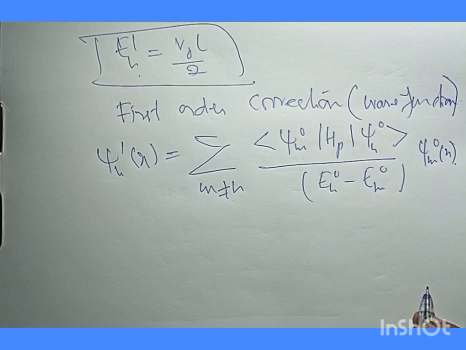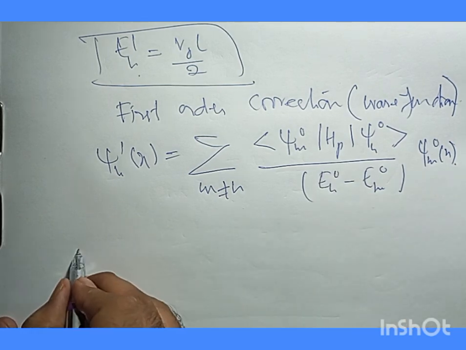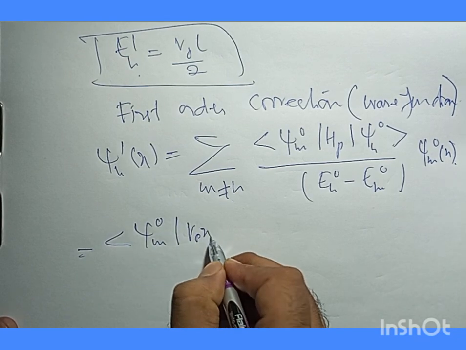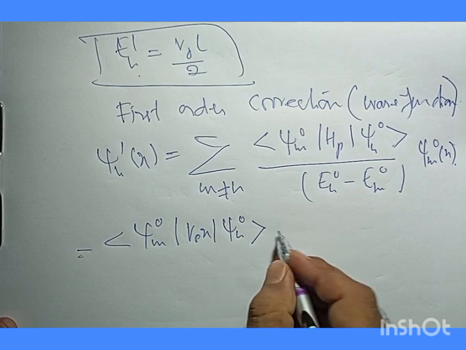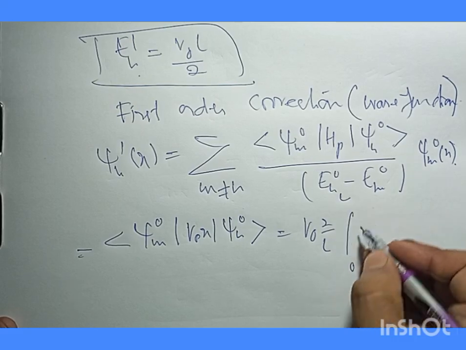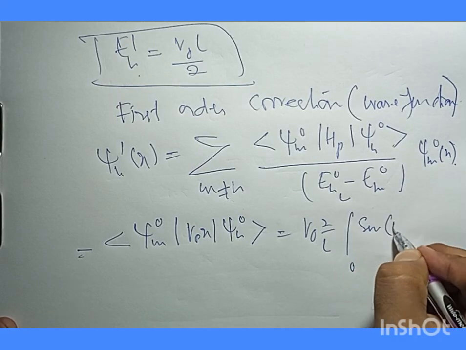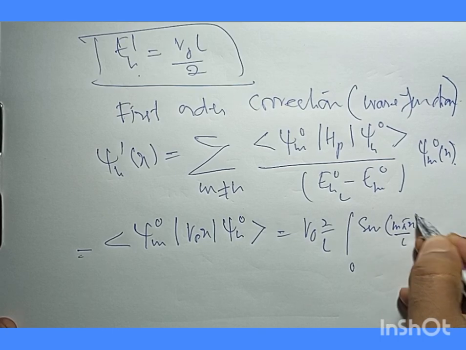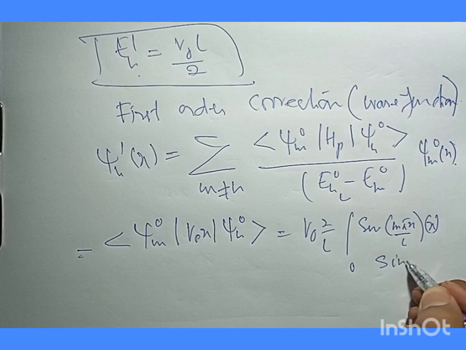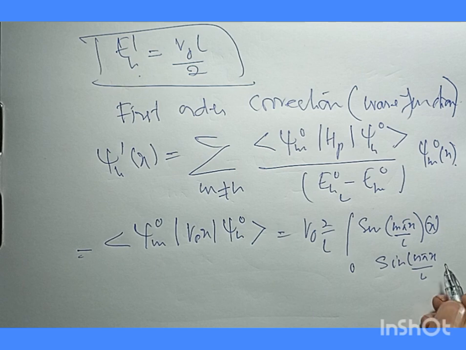So we would like to compute our matrix element here. If we see, this matrix element is psi m naught, then V naught of x, then psi n naught, and this is simply V naught 2 by L, integral 0 to L, sine of m pi x by L times x, then sine of n pi x by L times dx.